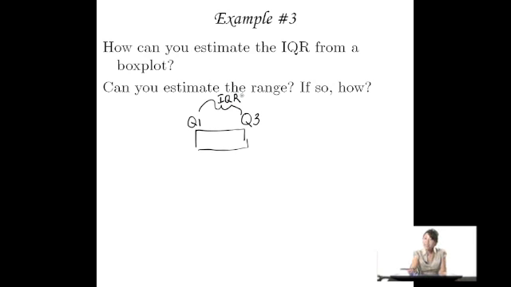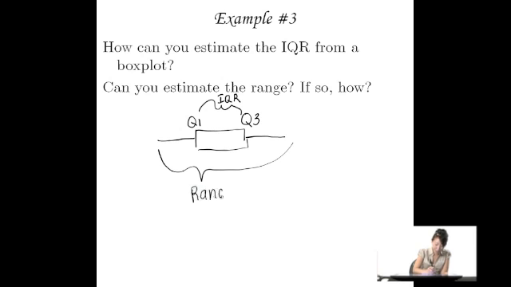And can you estimate the range? If so, how? Well, the range is your minimum and maximum values. So the length of that entire box and whisker shebang, that would be your range. So interquartile range and range are really easy to see on a box plot.